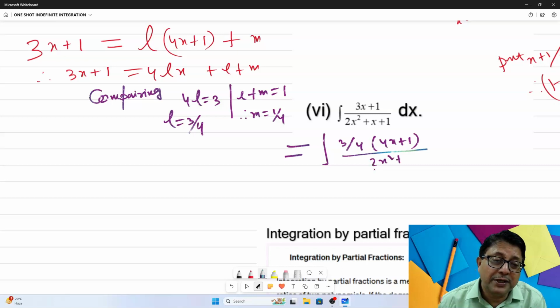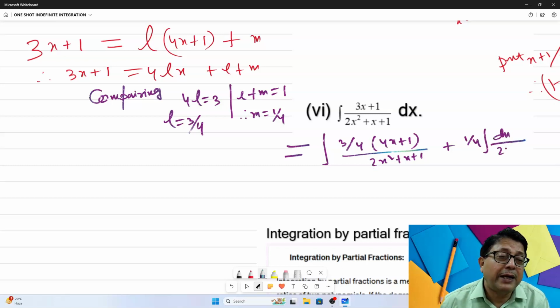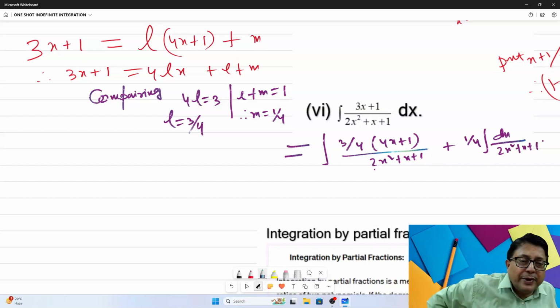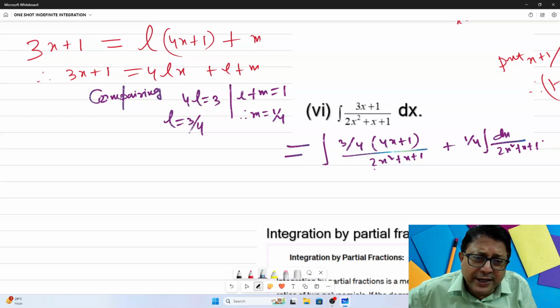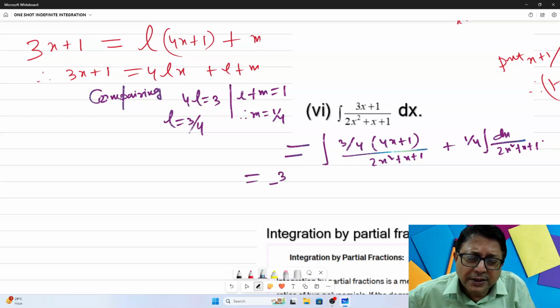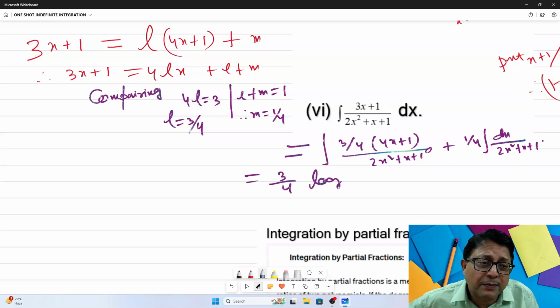So you separate and write dx by 2x square plus x plus 1. Since derivative of this is there, we write log of, it is f dash x by fx form, no?